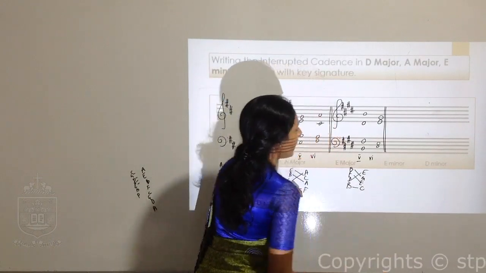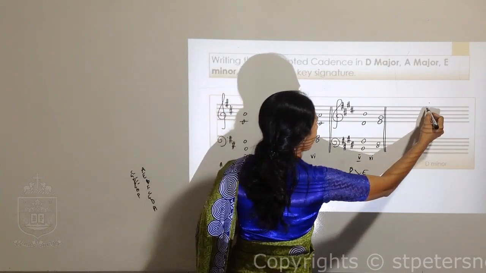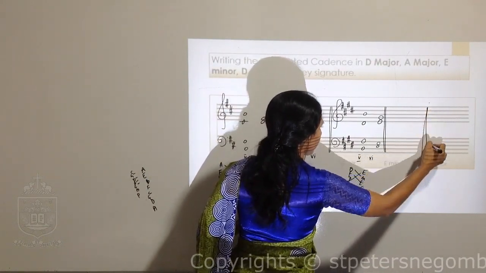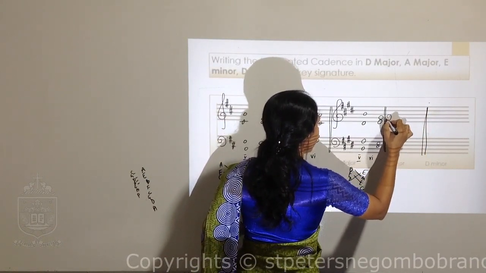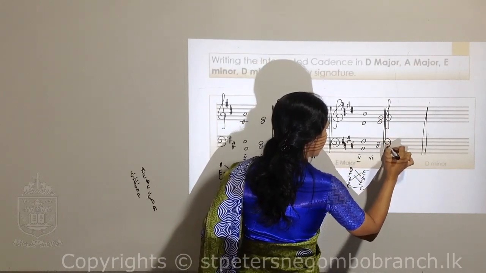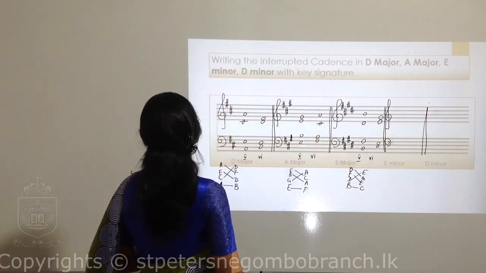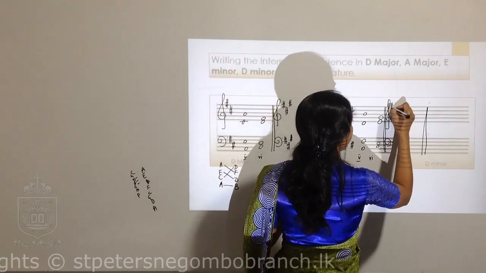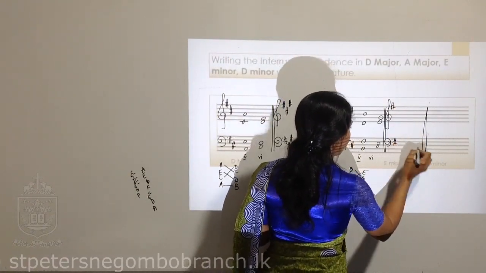Okay, now we move to the A minor. Sorry, E minor. E minor has one sharp, F sharp. Okay.